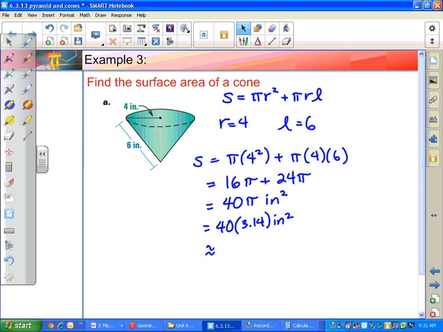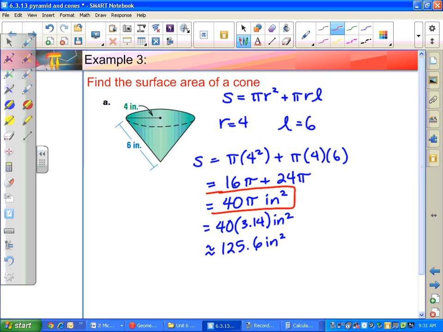So this is about 125.6 square inches. Okay, so either one of these answers is correct. Pay attention to the directions. If I want it in exact form, you want to leave pi in your answer. If I want it rounded to the nearest whole number or the nearest tenth, then you're going to plug in pi equals 3.14 and multiply it out.